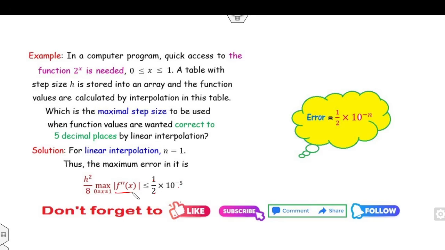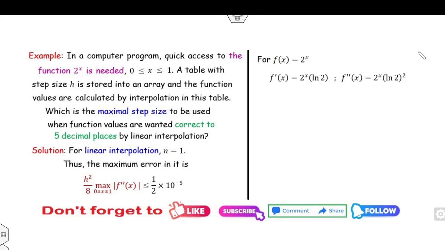So your target is only to compute the second derivative of the function 2 raised to power x. Can you find the first derivative? 2 raised to power x into ln of 2. Second derivative is 2 raised to power x into ln of 2 squared. Can you find the maximum value of the absolute value of the second derivative from 0 to 1?